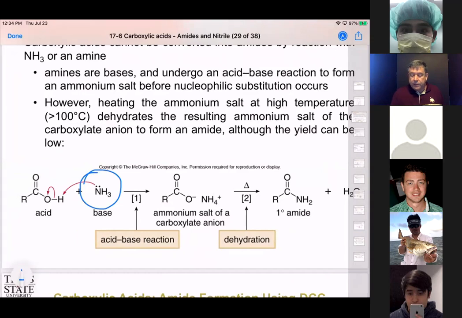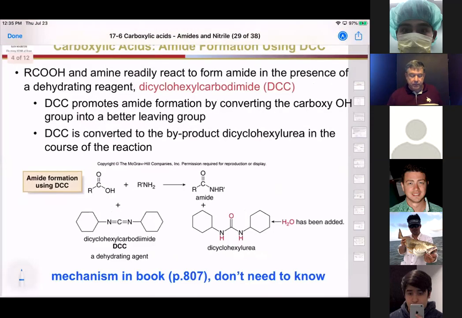Then we end up with our amide and we generate water as our final product. Typically, it is done stepwise where it forms an acid-base salt first. Then by heating that acid-base salt, it rearranges and eliminates water and gives you your nitrogen carbonyl bond. So let's look at that mechanism a little bit more.